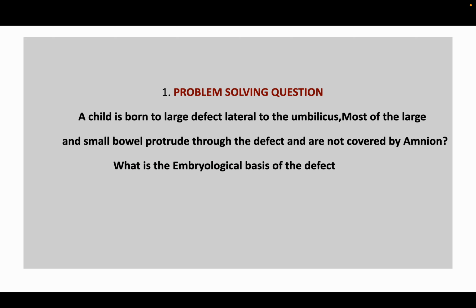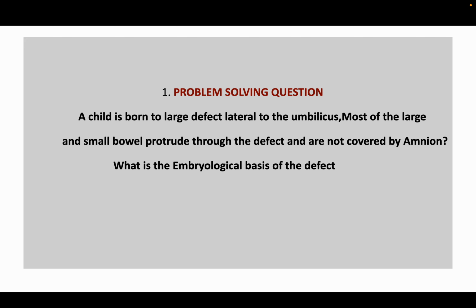Before that I would like to discuss two problems with you, because keeping those problems in mind you can reach the diagnosis when we discuss the development of the anterior abdominal wall, and how the anatomical basis of that embryological defect is related to it.